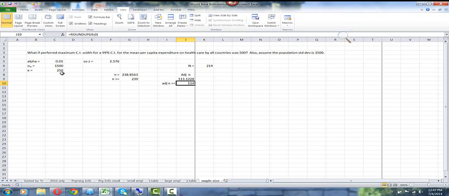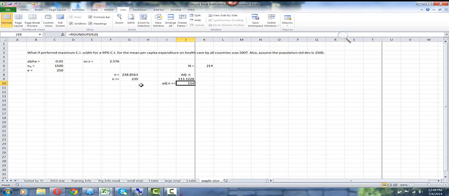To get it down to 250 takes quite a bit more information, quite a bit more observations, and you have to decide whether that would be worth it. Obviously, with this kind of data set, it wouldn't be that hard to do, but there's always a cost, especially if you were doing interviews and things like that. So it's important to get a good handle on the number of observations that you need.